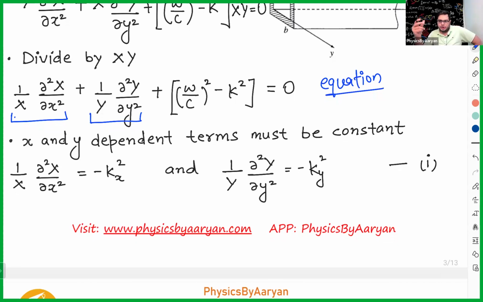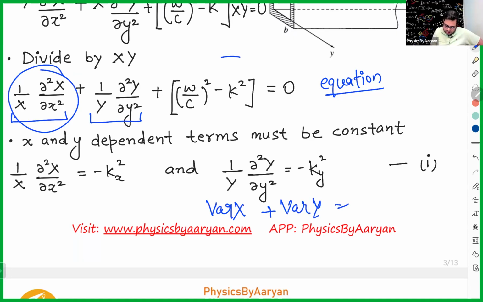So let me try to put it in this way. Let's say I change the value of x in this equation. So this term will change, but this term will not change. Right? So let's say this is my variable of x plus variable of y equals, this thing is constant, so equals some constant.